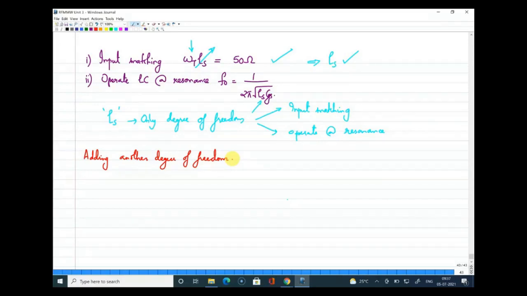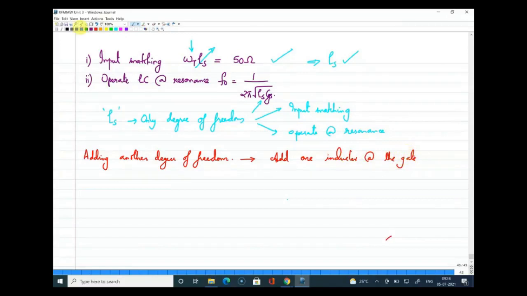So I'm just straight away giving you a solution, but you can check whether there are any other possibilities to introduce one more degree of freedom to fix this issue. The possible solution suggested here is that we can add one inductor at the gate.